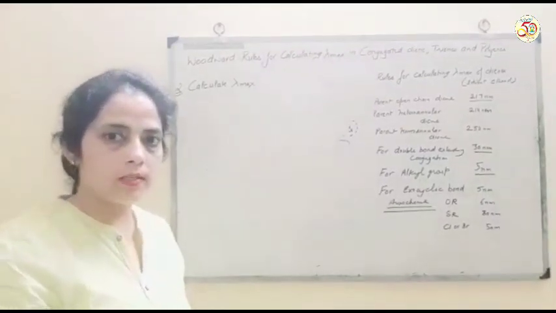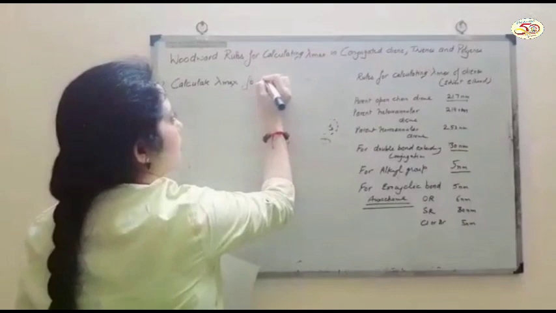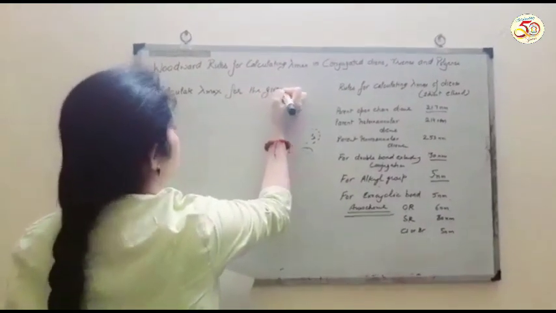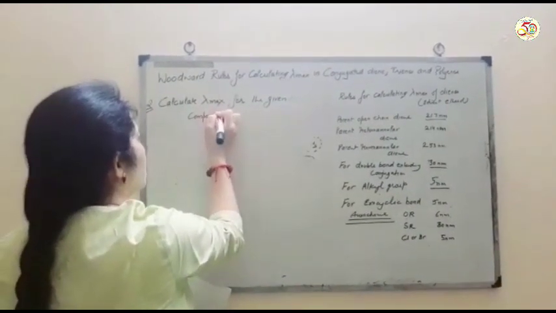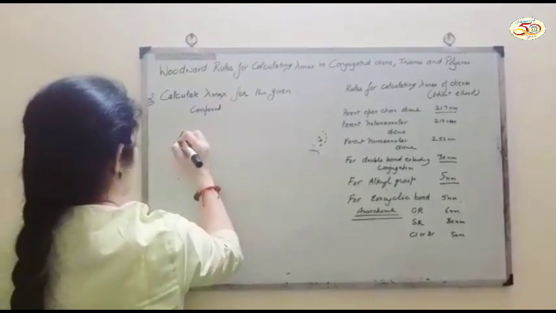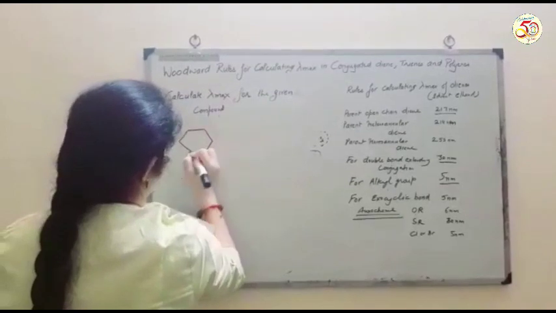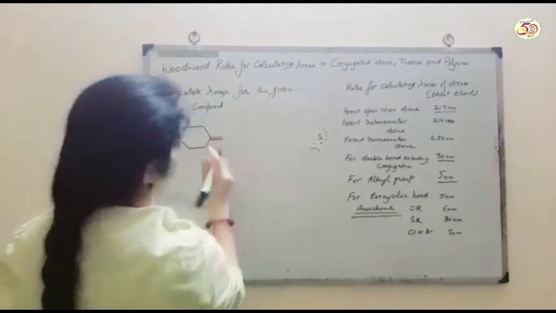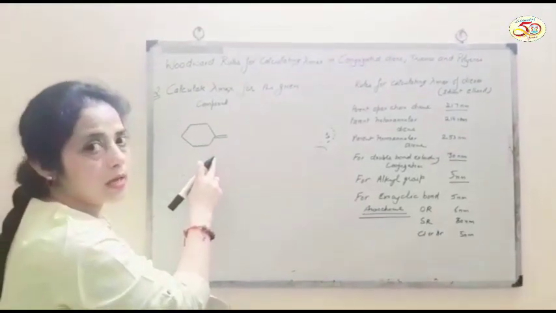Another example we will discuss: calculate lambda max for the given compound. This bond which is present outside the ring is called an exocyclic bond.